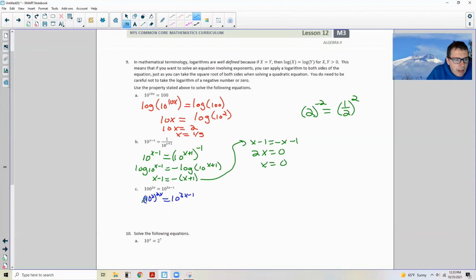Then I'm going to do my log of both sides, the log of 10 to the 2 to the 2x equals the log of 10 to the 3x minus 1. This 2x is going to go out in front, so I get 2x log 10 squared equals log to the 3x minus 1.